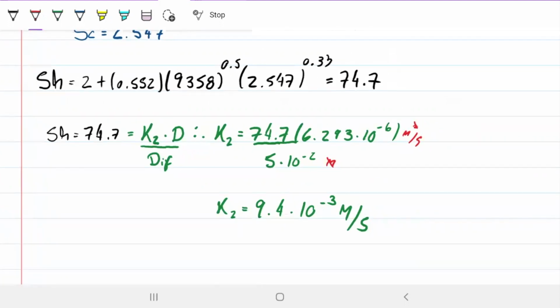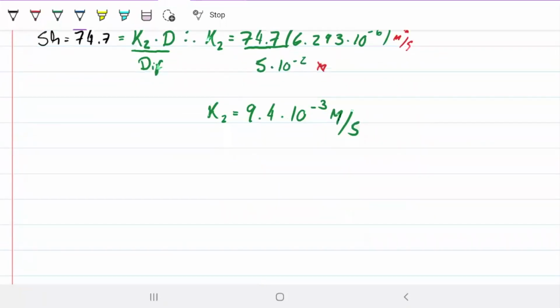So now we can finish off, right? There's two ways we can go about this. Let's do both just for the sake of it, but the first way I think is more intuitive. This one. I want to find J2. That's what I've been looking for this whole time, J2. And I know J2 is just K2 times the delta C. And I have both things now, so I can do 9.4 times 10 to the minus 3 that multiplies 5.84.